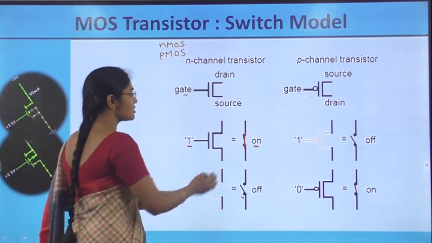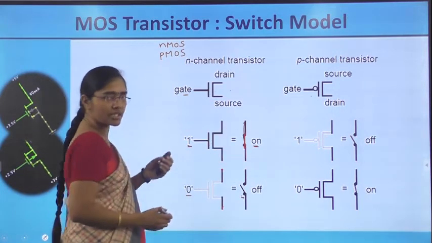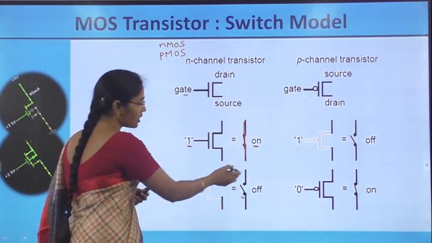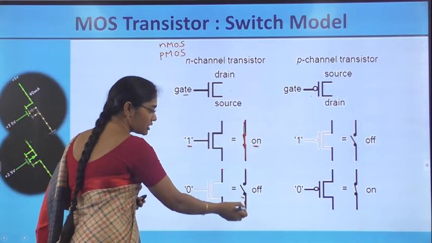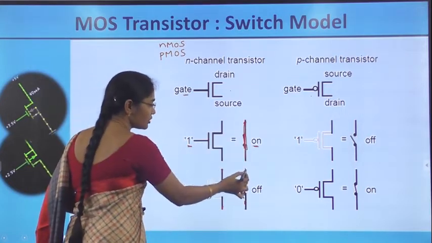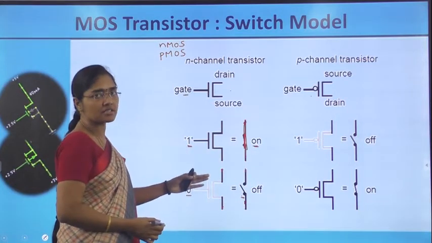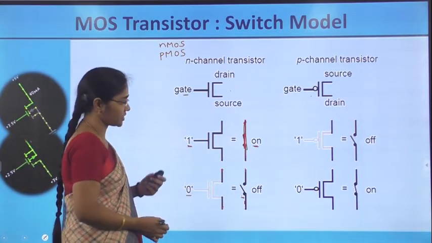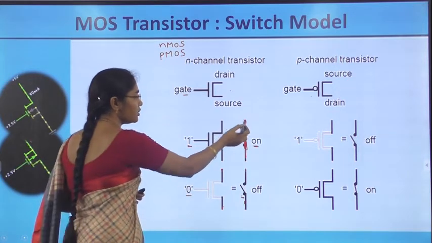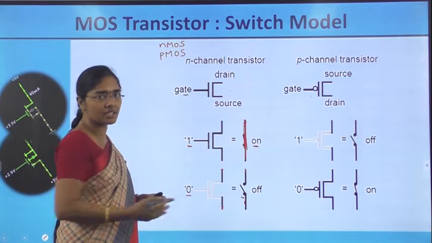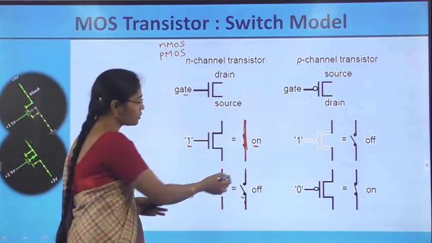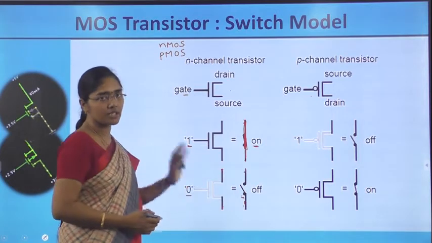We can use this to pass a voltage from one terminal to the other terminal, or we can stop the voltage from one terminal to the other terminal in off mode. So using this action, we are going to use this NMOS transistor as a pass transistor, which is passing a signal from one end to the other end when it is in on condition, and it is not passing the value from one end to the other end if it is at the open condition.